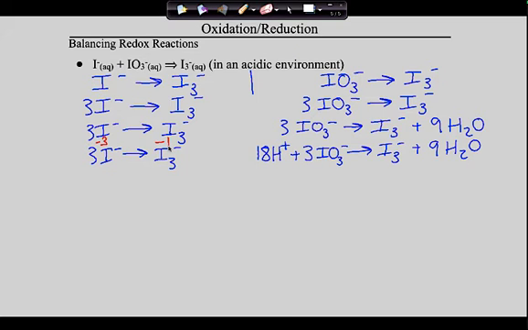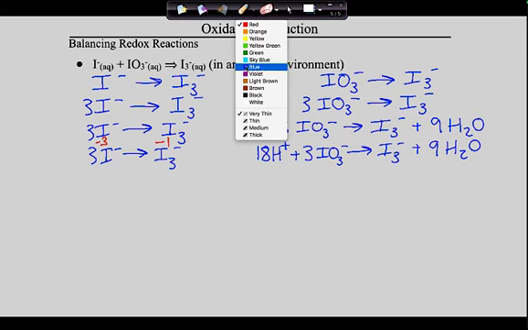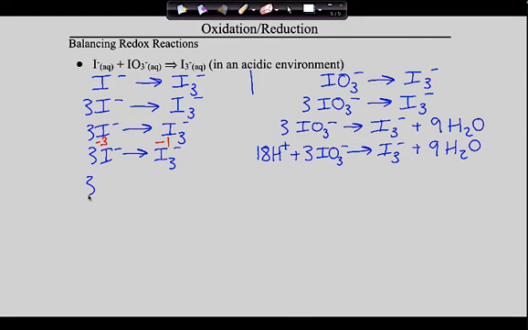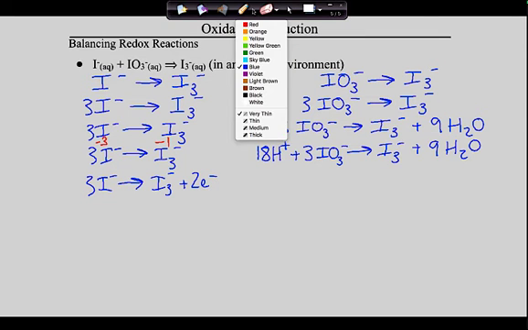So, how do we make -1 as negative as -3? Add 2 electrons. So this then becomes 3 I minus yields I3 minus plus 2 electrons. Now the charges balance at -3. Do you see that?